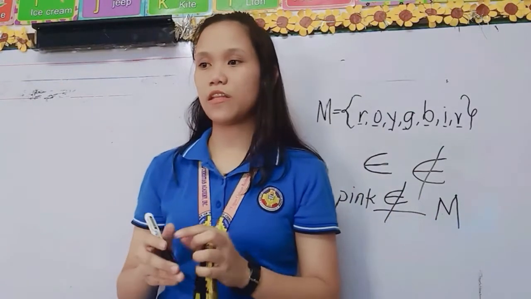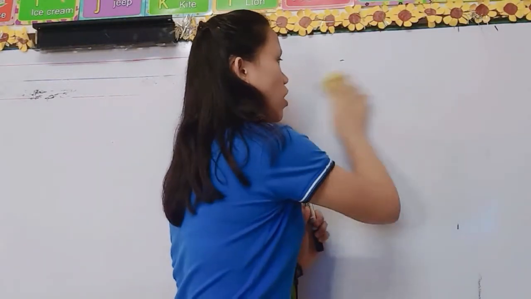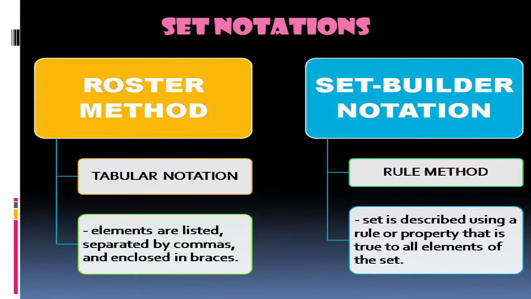Do you understand? Next, we have two classifications of set notations. The first one is roster method, and the second one is set builder notation. Roster method is also called tabular notation, while set builder notation is named the rule method.